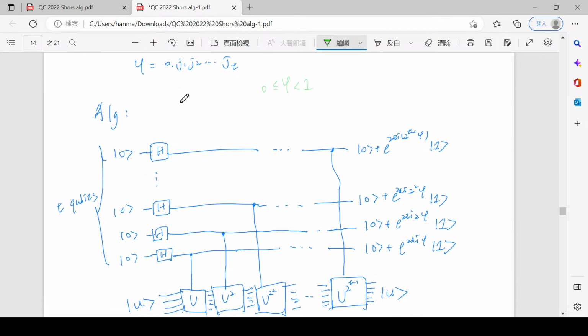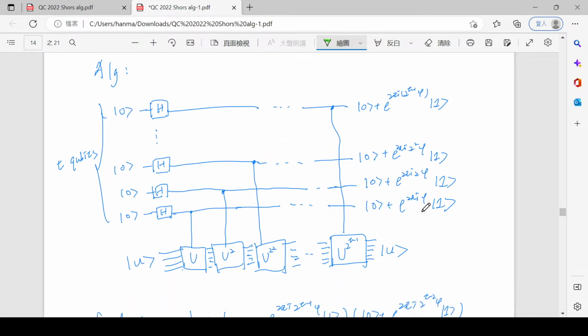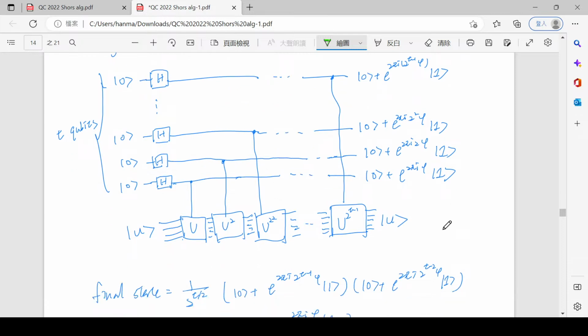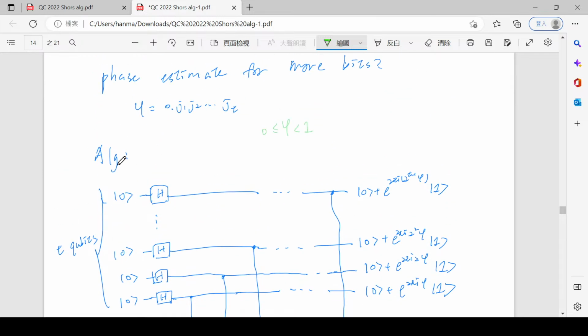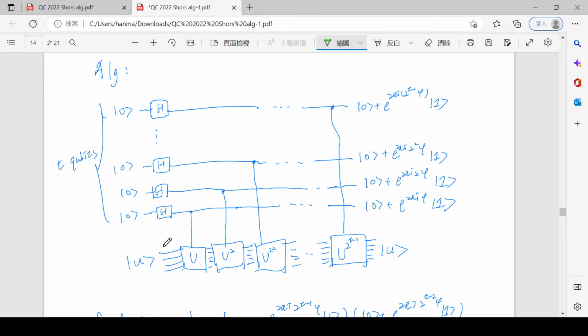So when your psi equals 0.J1, J2 to Jt, then this is the algorithm we do. So you have t bits here and you have n qubits here. So it will be Hadamard to turn it into superposition, and you have all those controls.